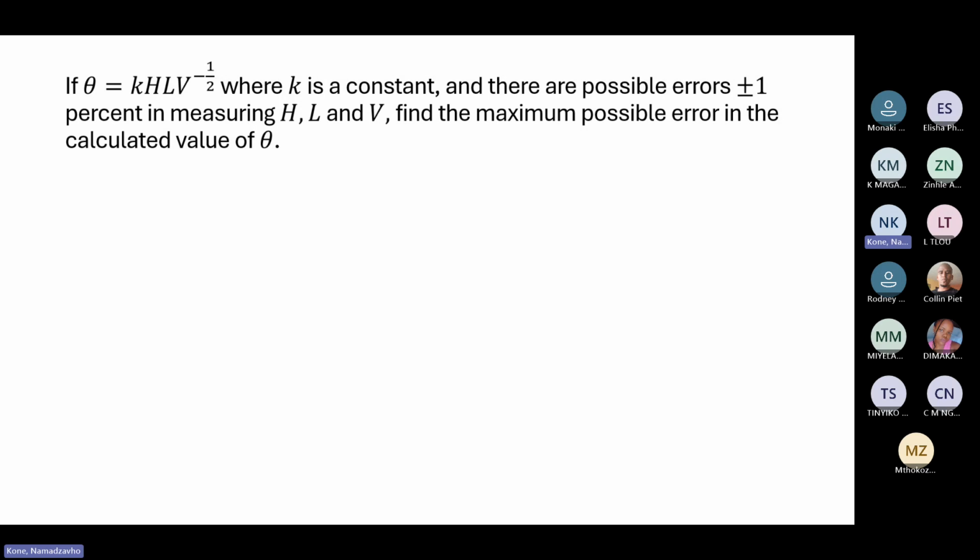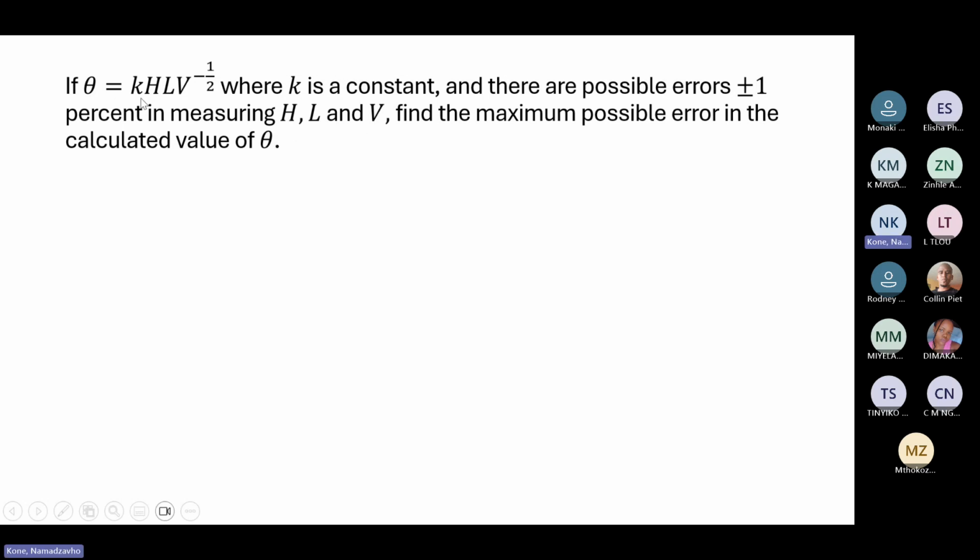That formula of small changes is there in your information book, and it needs partial derivatives of H, L, and V. And it needs you to use this derivative together with the small change on H, small change on L, small change on V. And you will see the formula as we go on. But firstly, we will need partial derivatives of H, L, and V.